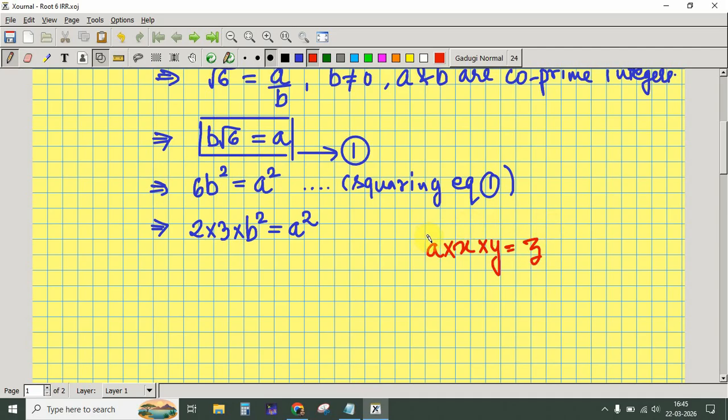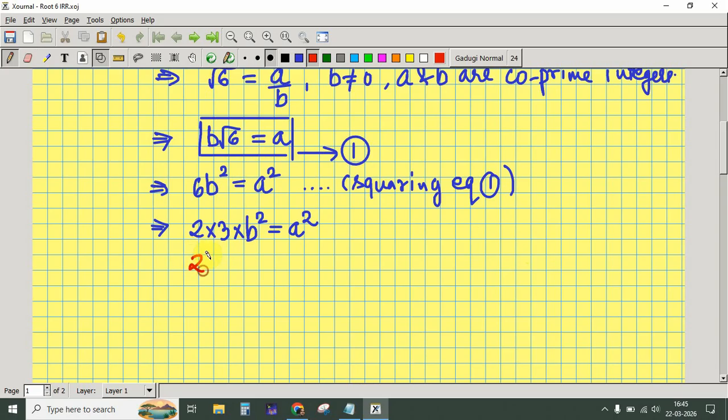So a will divide z, x will divide z, y will divide z. Remember that all three numbers are going to divide z.